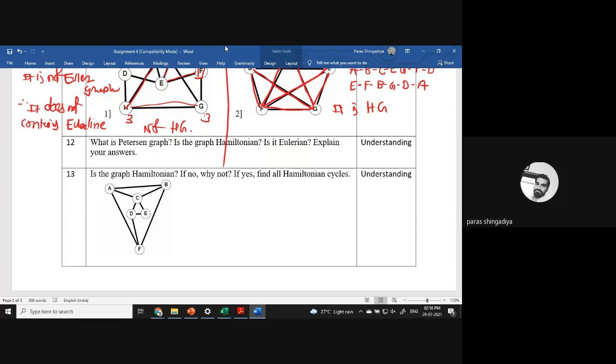Okay, is it done? Petersen graph. What is the answer? Is it Hamiltonian?